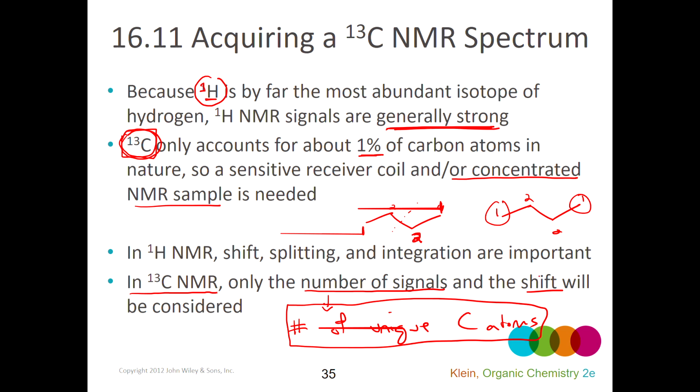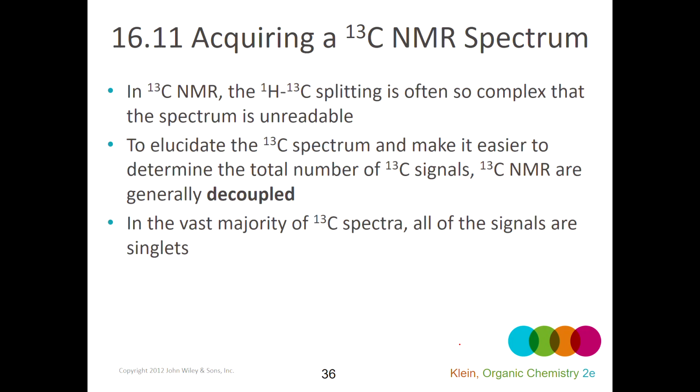And just like in the proton NMR, the exact shift of the peak gives us a lot of information about what type of bonds the carbon might be involved in. So we're going to talk a lot more about that next time. But what's nice about the carbon NMR is that the signals are basically all singlets. And so we can clearly pick out that every peak is a unique carbon.